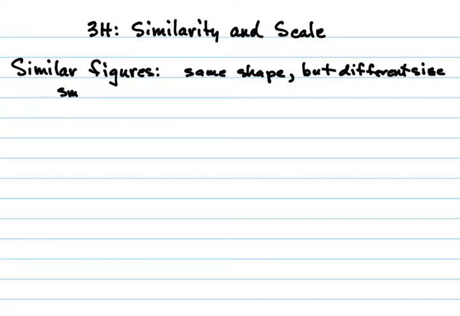If you go from a smaller figure to a larger figure, this is said to be scaled up. If you go from larger to smaller, then that's said to be scaled down. And you're going to be asked questions about that. Was the figure scaled up or scaled down? All you have to do, again, is just look at the shape.